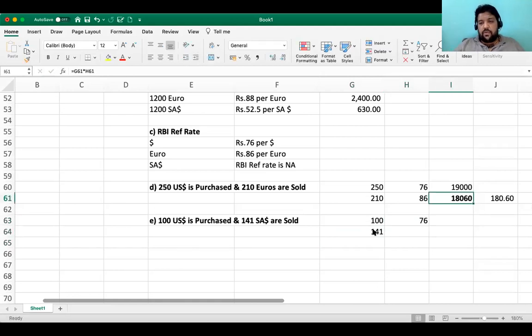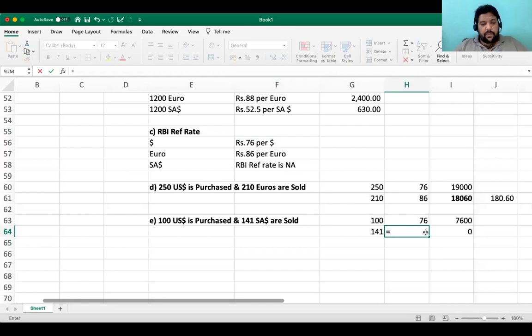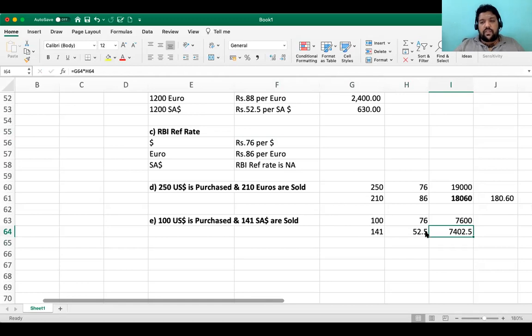So when you multiply, you'll get that number. Problem is when it comes to South African dollar. South African dollar is purchased or sold? Sold. So what rate will we take? 52.5. Yes, we will take 52.5. So you will get 7402.5. Because of that, you will have some fraction coming in. So this is the lowest number, 7402.5 into 1%.